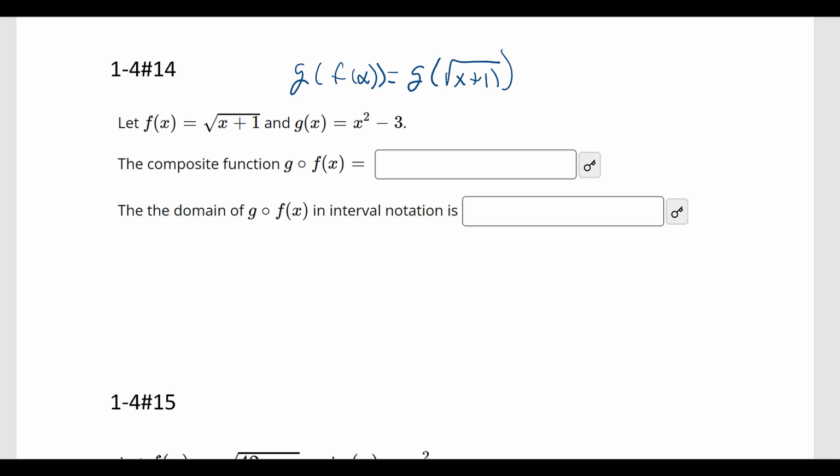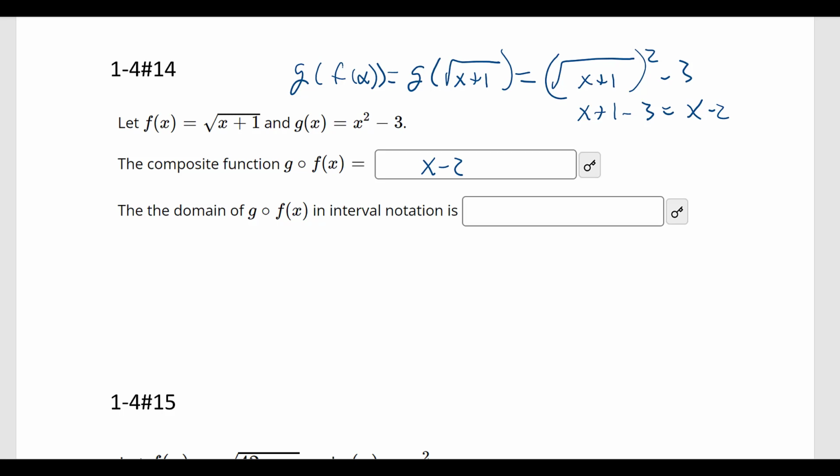So this square root of x plus 1 goes in place of this x here. So we have the square root of x plus 1, squared, minus 3. And that's going to be x plus 1, because you square a square root, that gets rid of the square root, minus 3. So it's going to be x minus 2. So that's our new function, x minus 2.